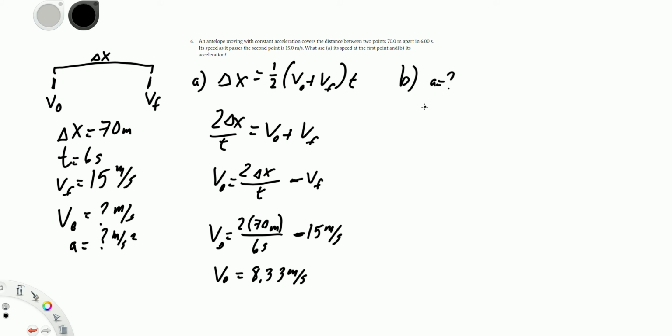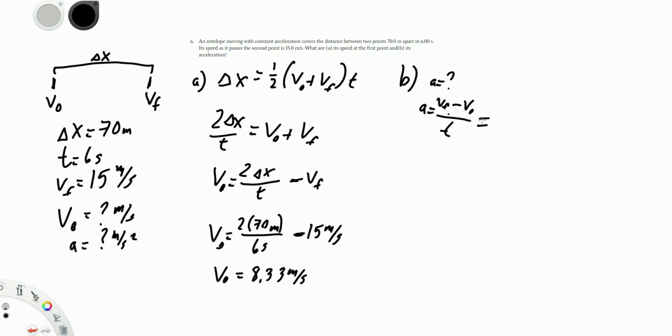So we're going to do a is vf minus v initial, divided by our time.